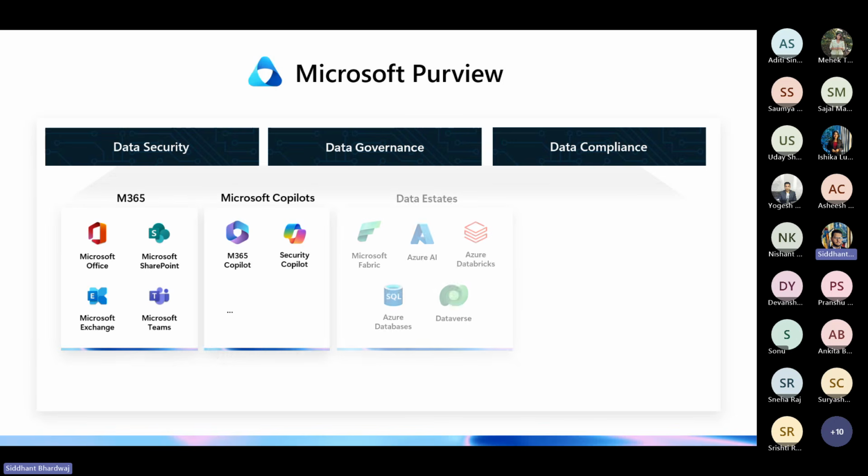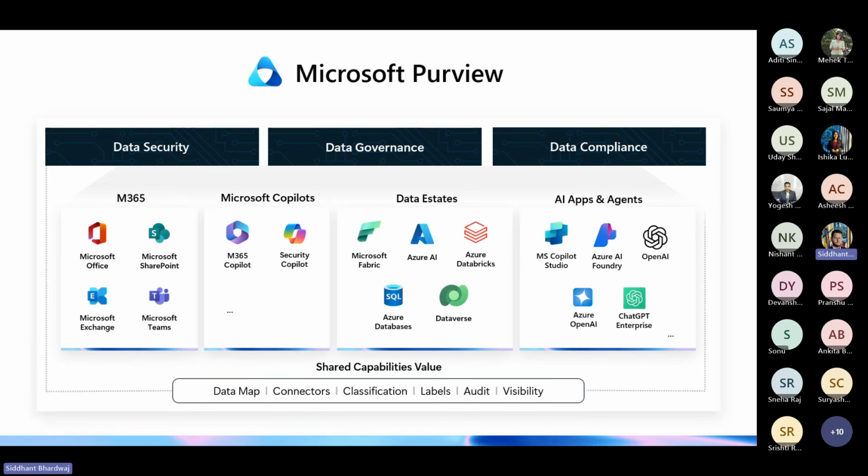When we say a unified approach, it means that it is applicable across a whole lot of architecture: from your M365, which includes your Office, SharePoint, Exchange, and Teams; from Copilots, your AI capabilities, M365 Copilot, Security Copilot, and more; your data estates, your Microsoft Fabric, in which you have your Power BI, Databricks, Azure AI, Azure databases, and Dataverse; and also all your AI applications like OpenAI, Azure OpenAI, ChatGPT Enterprise, Azure AI Foundry, Copilot Studio, and more.